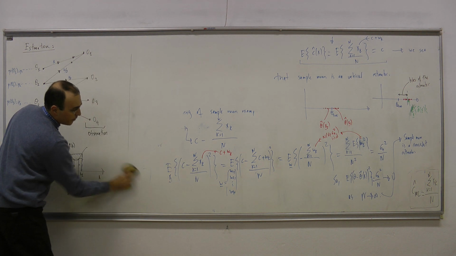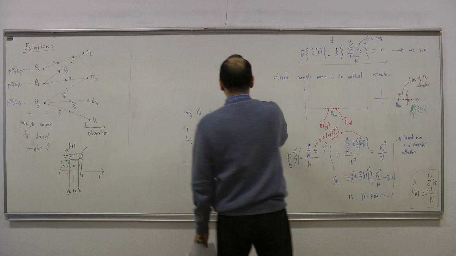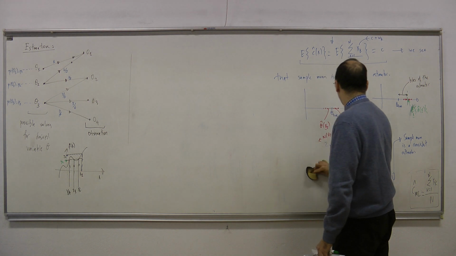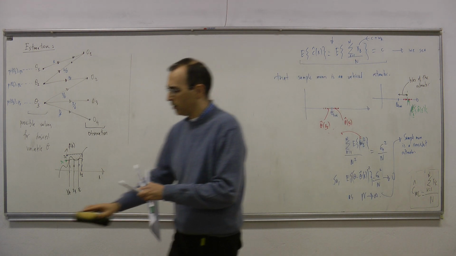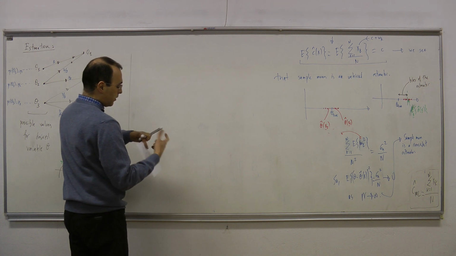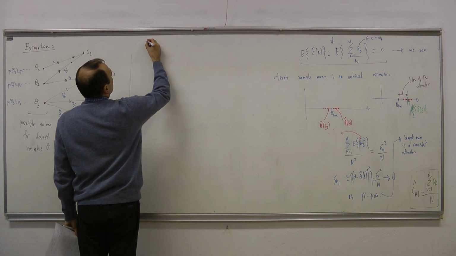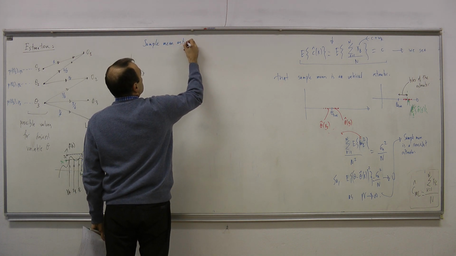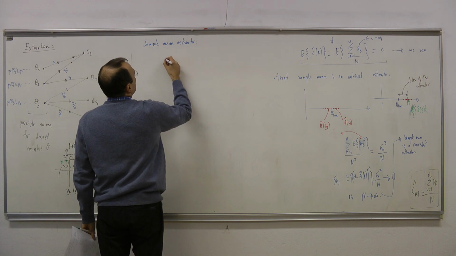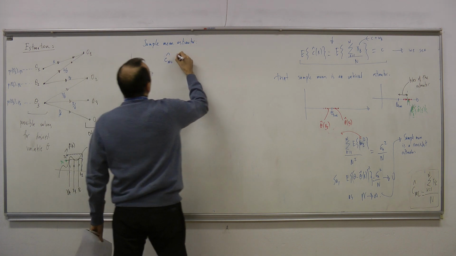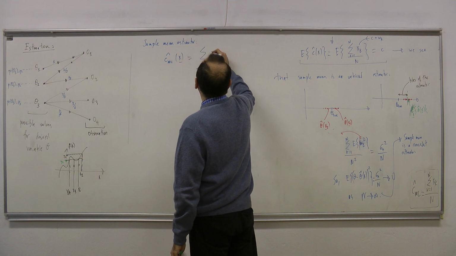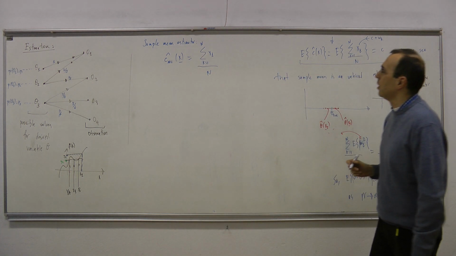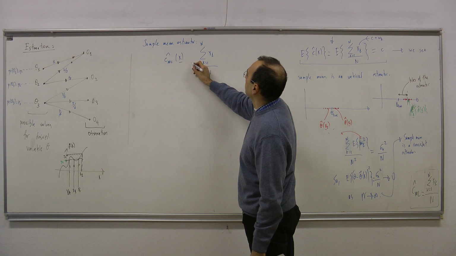Consistency is a very important property, because if I collect more and more information, I get better and better estimates. For example, for the sample mean estimator, let's remember that the maximum likelihood estimate of C is nothing but this. What is the distribution of this maximum likelihood estimate?